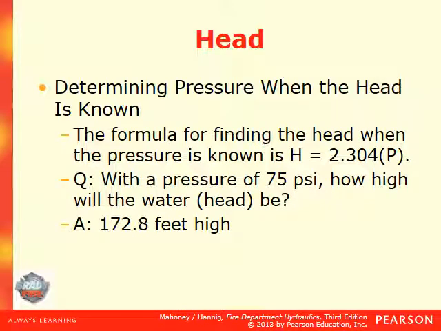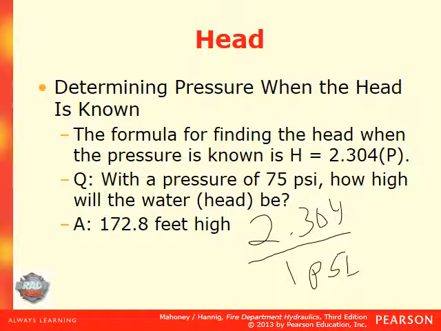All right, so let's work this problem out. Our formula here is H equals 2.304 times P. P is pressure, H is height. A good way to illustrate this is we know that 2.30 feet equals 1 pound per square inch.